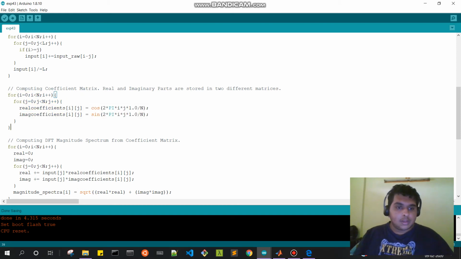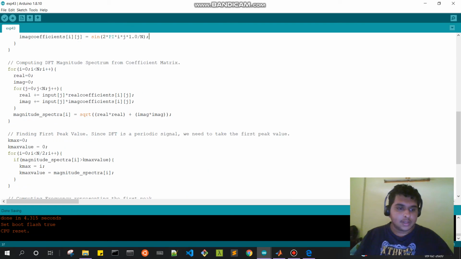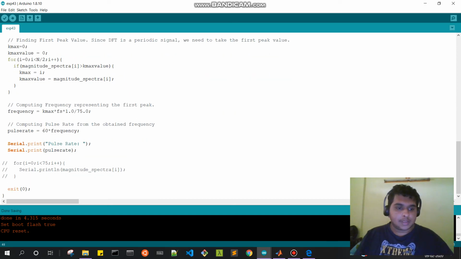The real and imaginary parts are stored in two different matrices. The real coefficient matrix stores the real parts of the DFT coefficient, and the imaginary coefficient matrix stores the imaginary parts. And here we just multiply the input with the real coefficient and the input with the imaginary coefficient and get the magnitude spectrum. Everything else is the same as before, and let's check the pulse rate in this case.